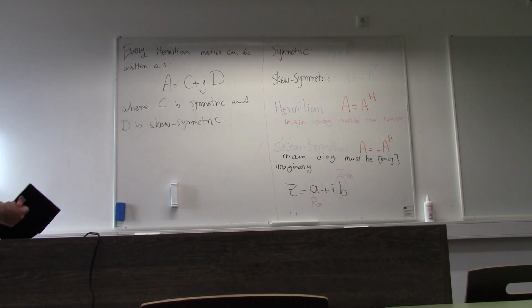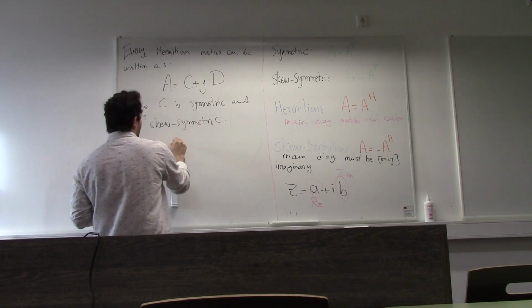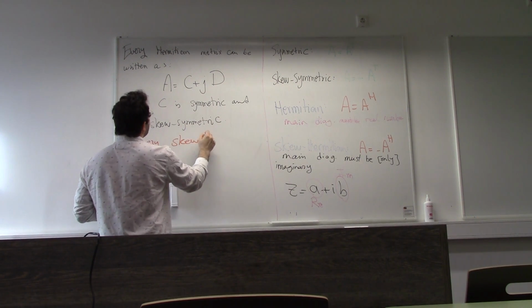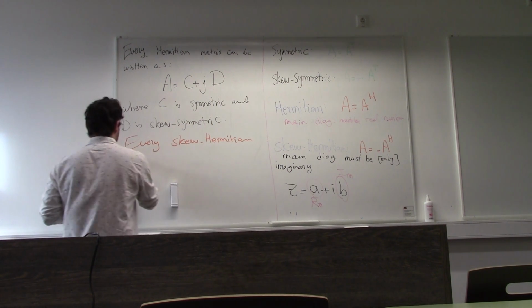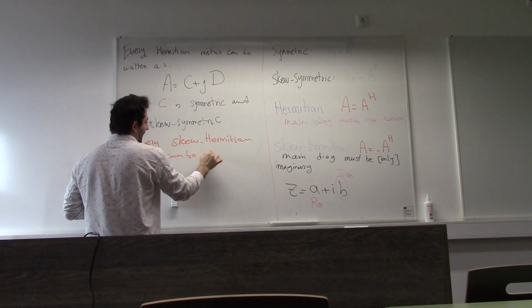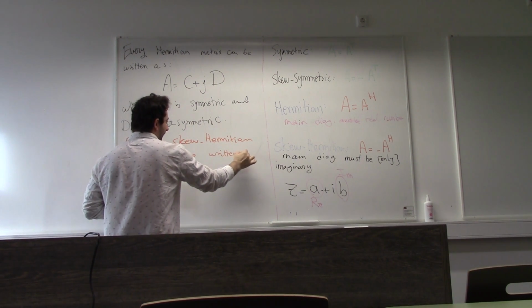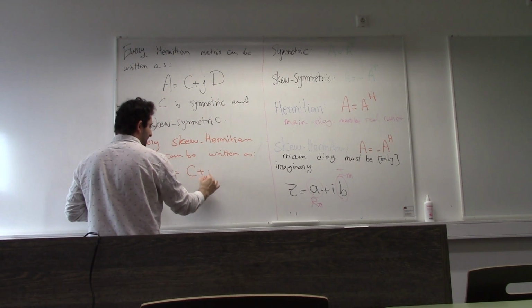Now, this is for the Hermitian. What about the skew Hermitian? Every skew Hermitian matrix can be written as A is equal to C plus jD.